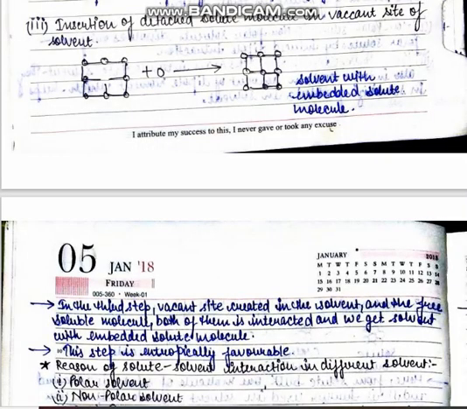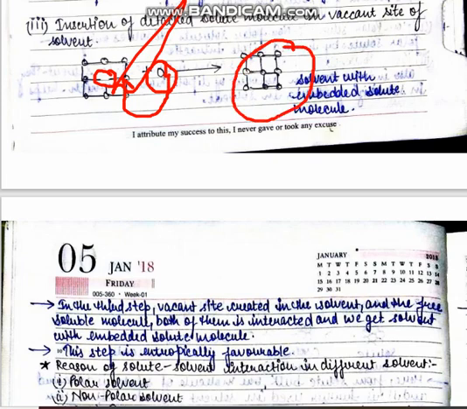Then the third and the last most important step is insertion of the detached solute molecule in the vacant site of the solvent. This is the detached solute molecule, and this is the vacant solvent site. This solute particle is attached in that vacant site, and it forms a solute-solvent interaction.